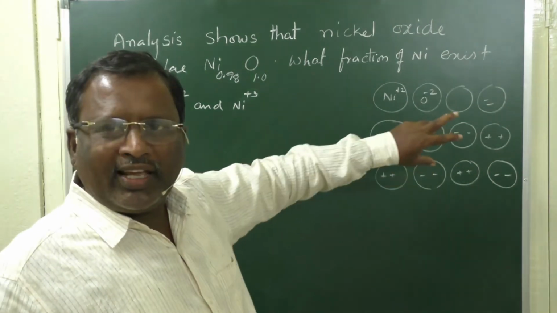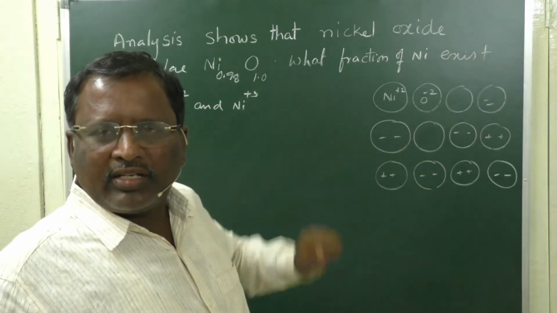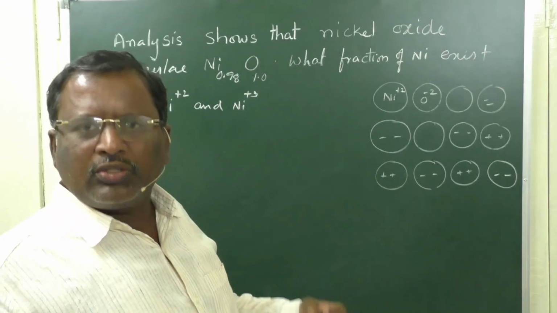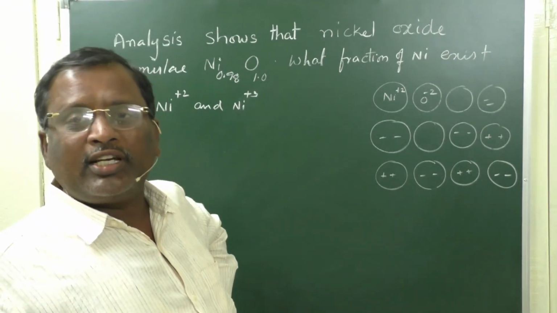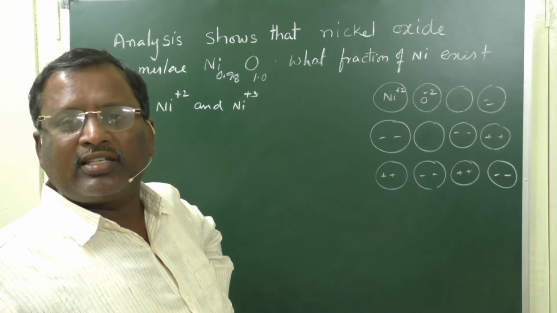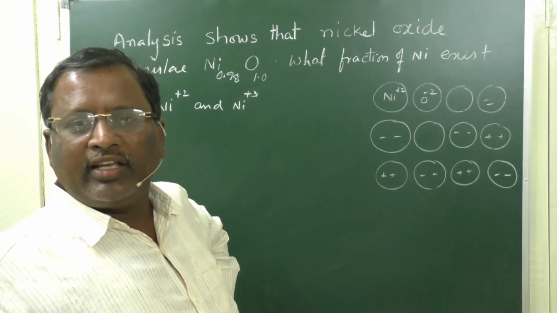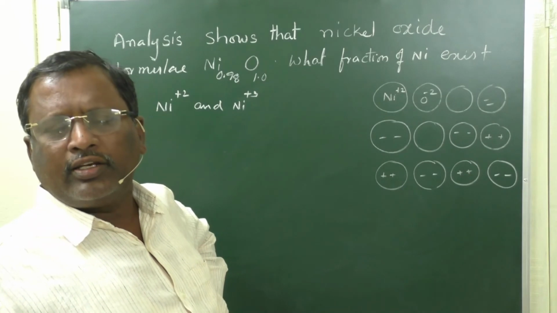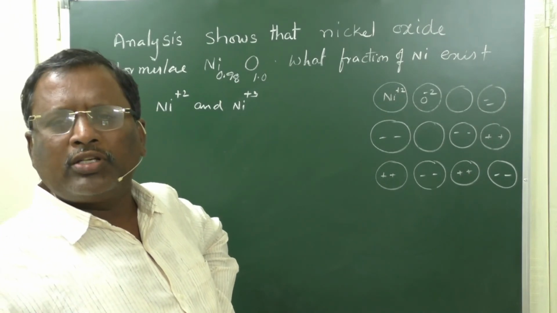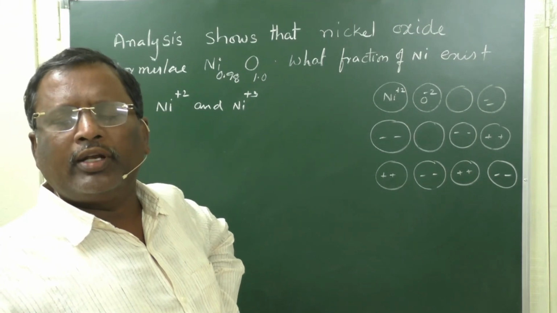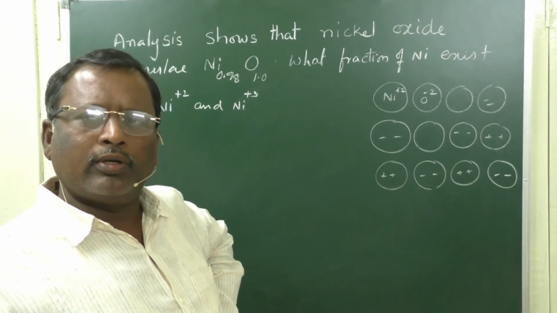But when 2 nickel ions disappear from the crystal, the positive charge decreases. For an ionic crystal, it is essential to maintain electrical neutrality. Even if the defect is there, the total positive charge must equal the total negative charge, then only the crystal is stable.